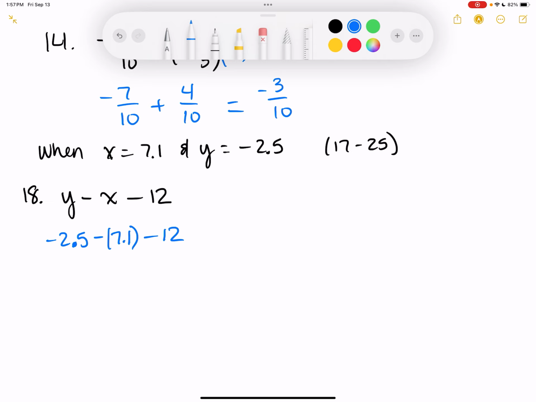So I want to go left to right to follow PEMDAS now that there's more things than just the two. So negative 2.5 minus 7.1 would give us what? Negative 9.6, and then minus 12 would give me what? Negative 21.6. So I add those together and I keep the same sign on them.